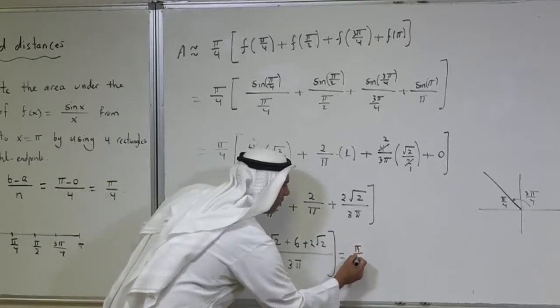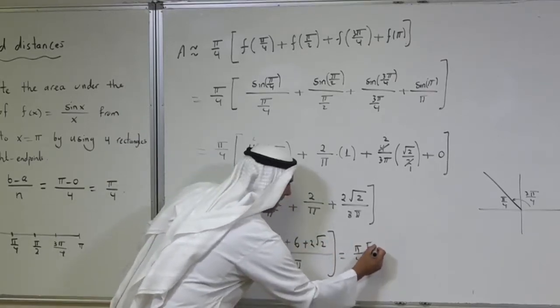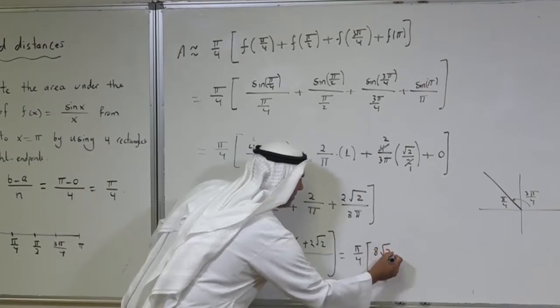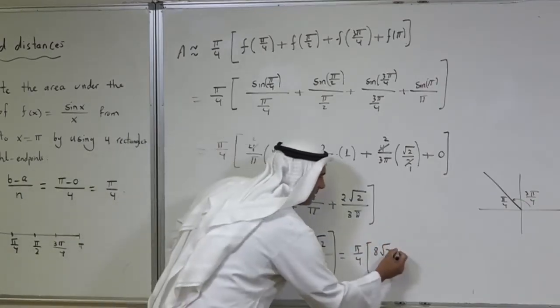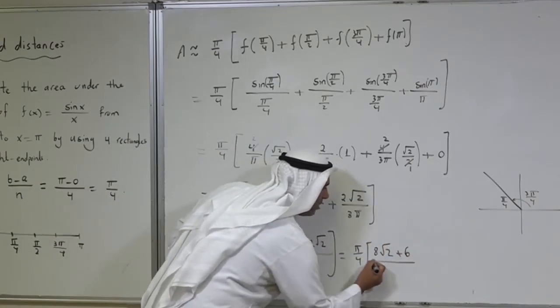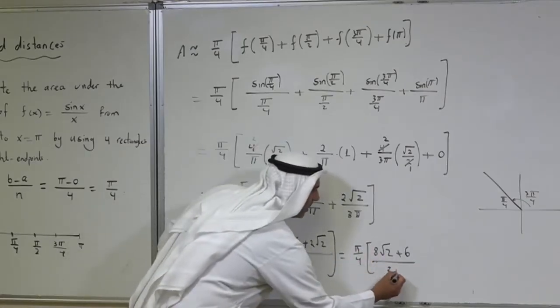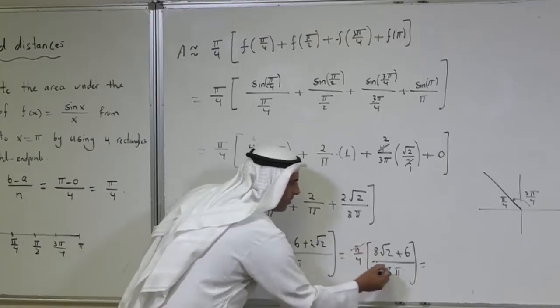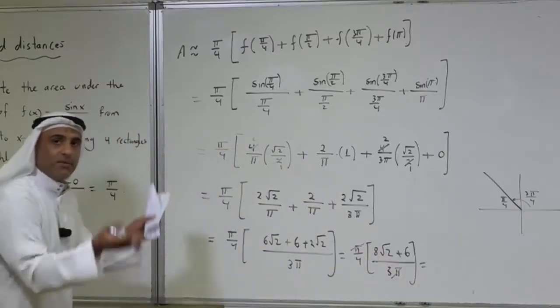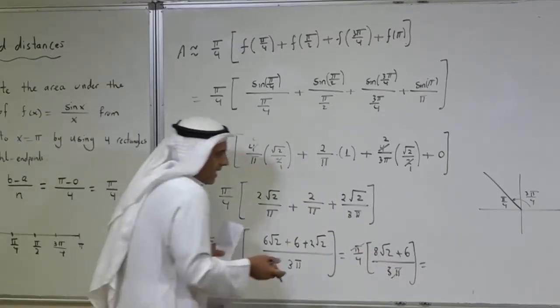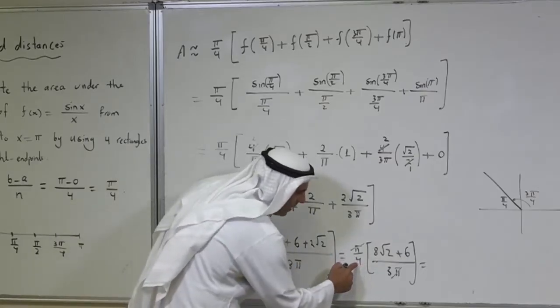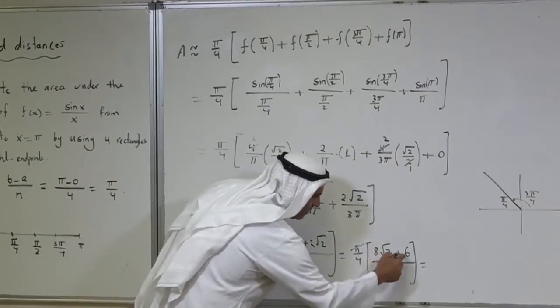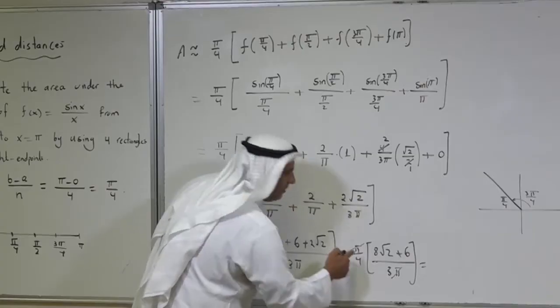So this is pi over 4 times 8 radical 2, plus 6 divided by 3 pi. Now, if you like, you can cancel the pi here with the pi here, since they are the same. And also, you can divide these two terms by 2. You can take the 2 as a common factor and simplify.